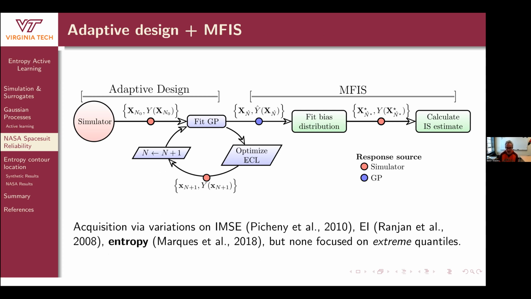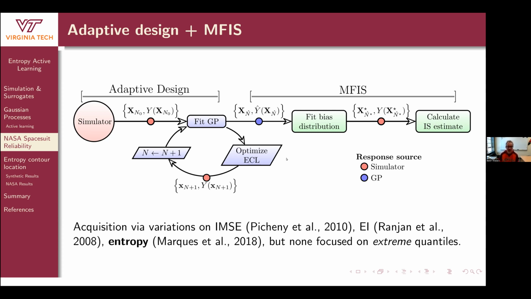So this is my acquisition criteria. So I'm going to try to create a virtuous cycle that tells me where the contour is between failure and non-failure. So I can use that downstream to fit a biasing distribution F star that'll give me accurate importance sampling estimates of my reliability goal.